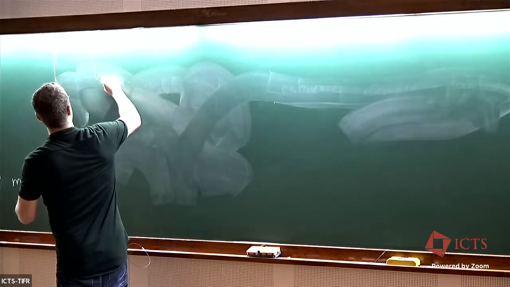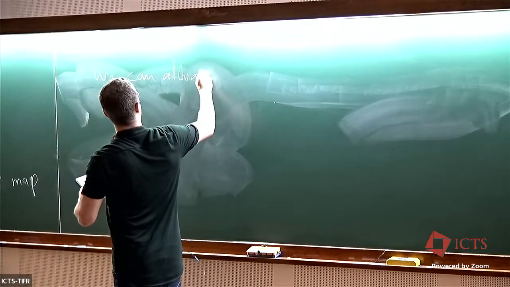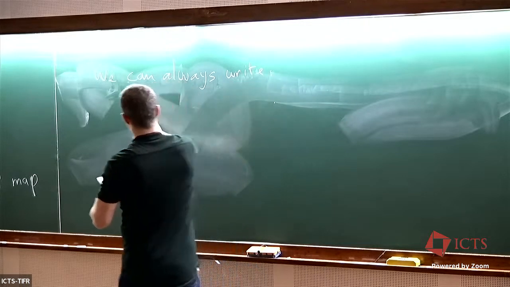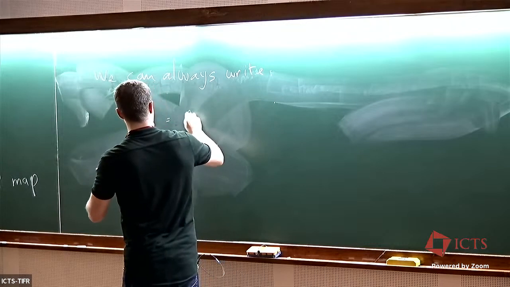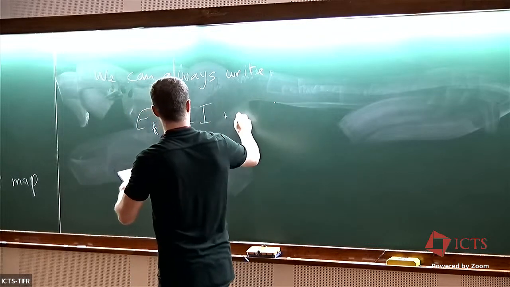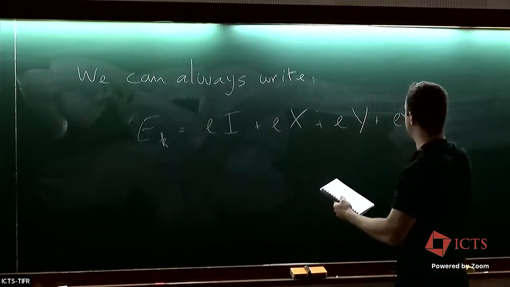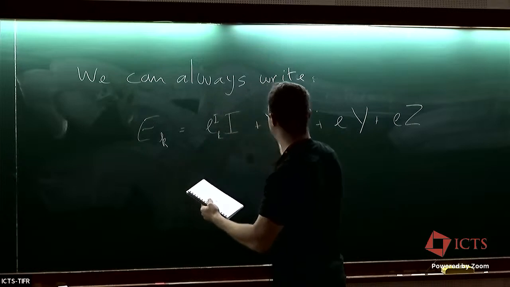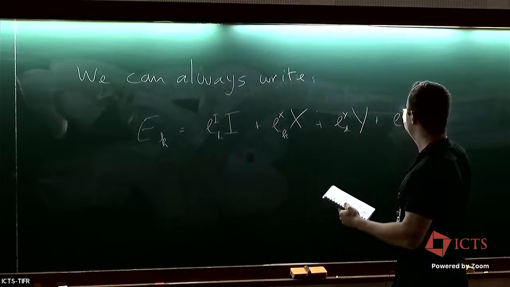So we can always decompose E_K equals, and these are just coefficients, E_I^K, E_X^K, E_Y^K, and E_Z^K.